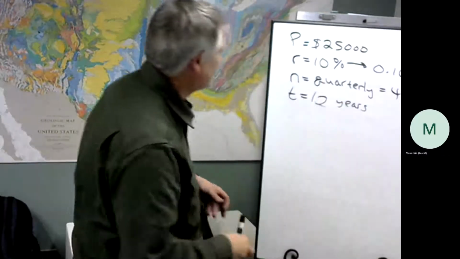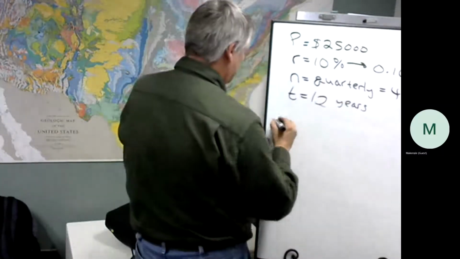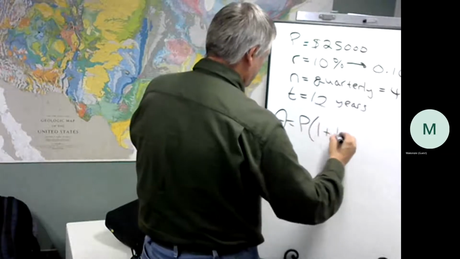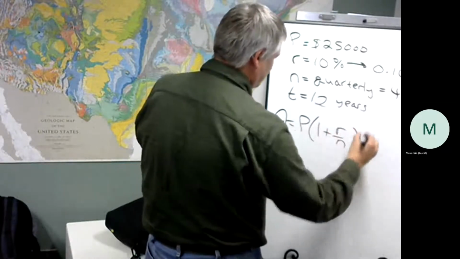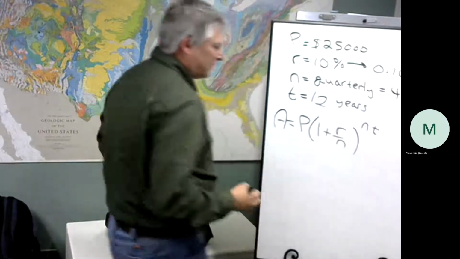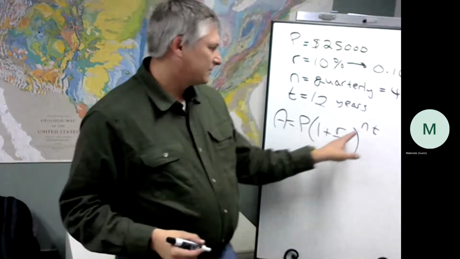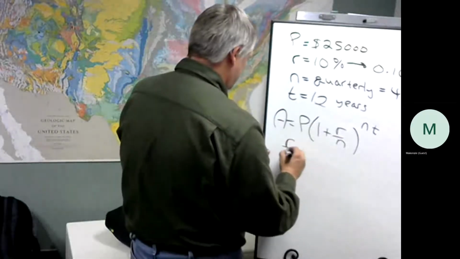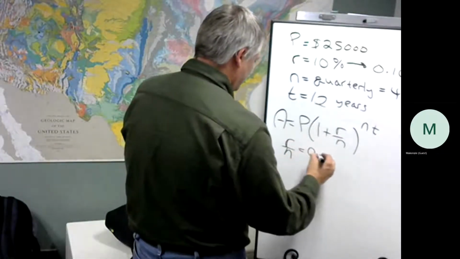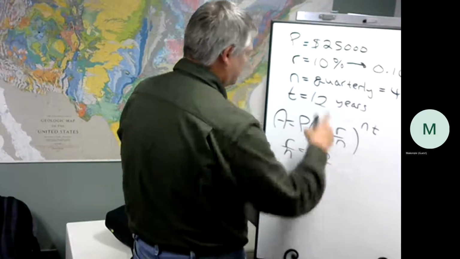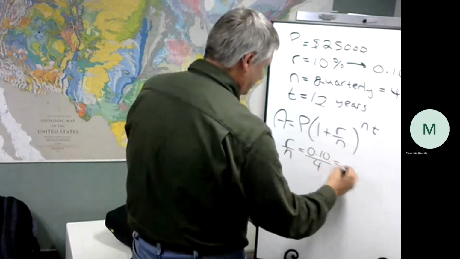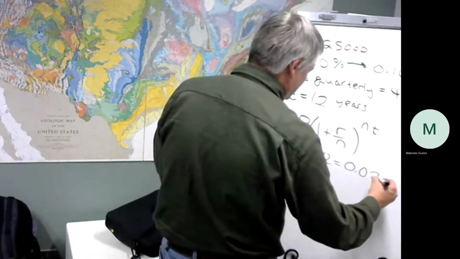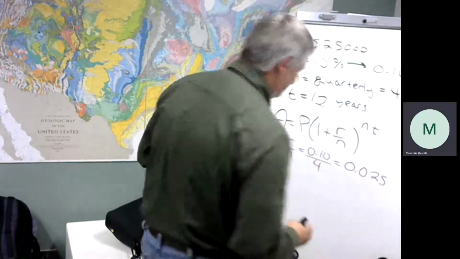All right. So the formula, it might help to define this first and define that. So R over N: 0.10, and this is quarterly, so we're dividing by 4. That should be 0.025.